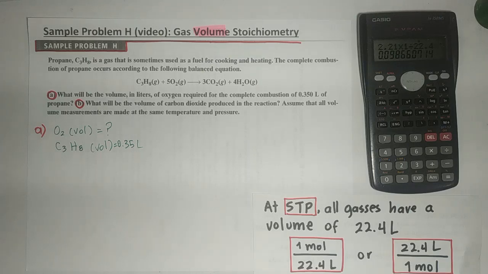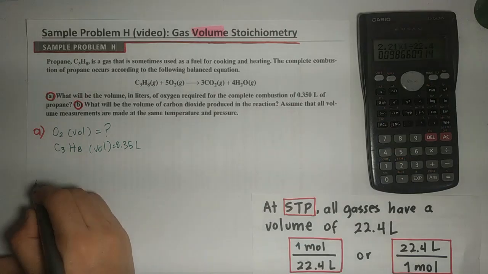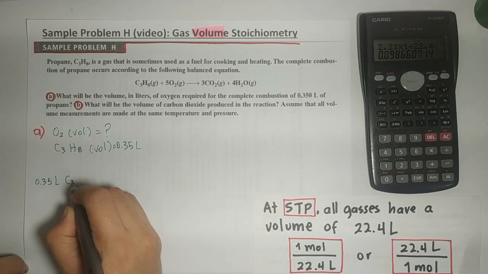Now, from this we can start. As I already mentioned too many times probably, we always start with the given. So we're going to make use of the old stoichiometry that we learned. Now we're going to apply it right here with the new conversion factors that we just learned. We always start with the given, and we can say 0.35 liters of propane.